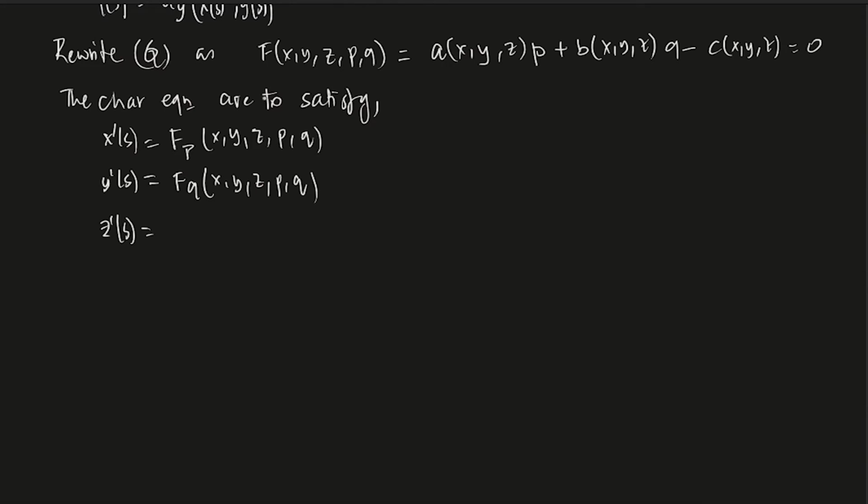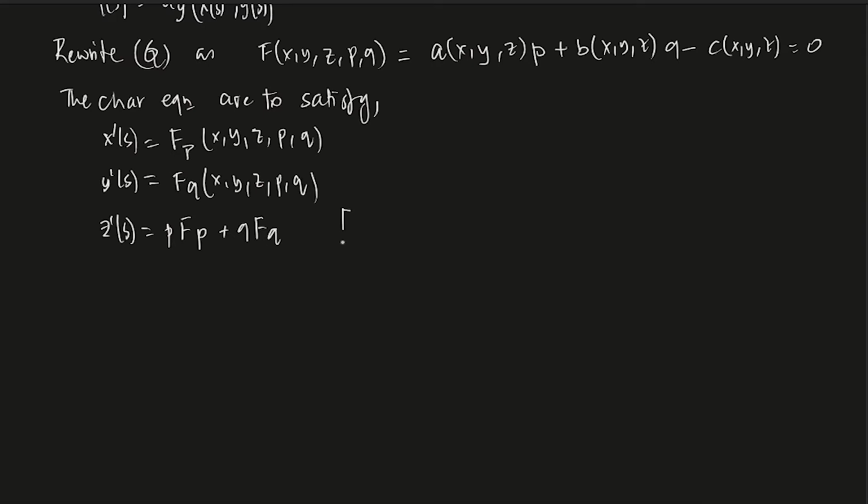z prime of s should be c. So how do we get that c? For that, you just look at this and write it as p f_p plus q f_q. That will give us z prime of s. Why?